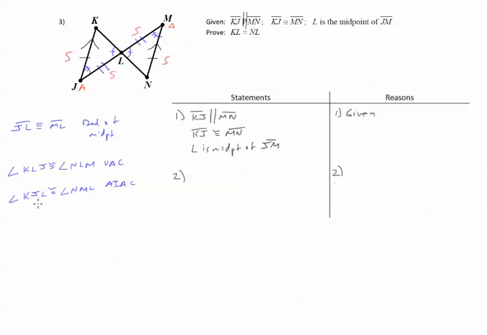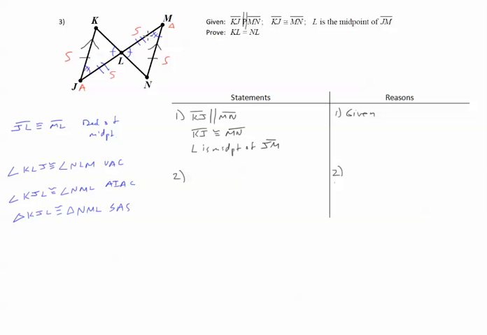Angle KJL is congruent to angle NML, and that opens up for me the side angle side shortcut. So now I can make the statement that triangle KJL is congruent to triangle NML because of side, angle, side. Now what does that do for me? Does that help me get closer to what I'm trying to prove?